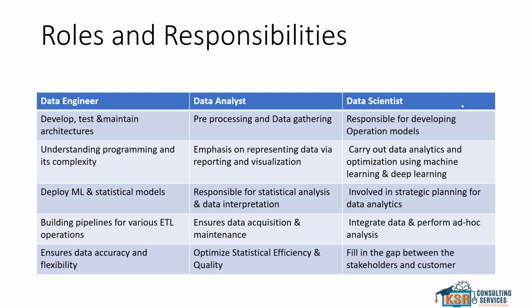The main goal of the data engineer is to collect the data from various sources and ensure that the data is more accurate and more flexible, and test whether the data is valid or not with different test cases, and maintain the same architecture until our process ends. Another goal is the deployment of the machine learning models and deep learning models, which could be the major part for data engineers.